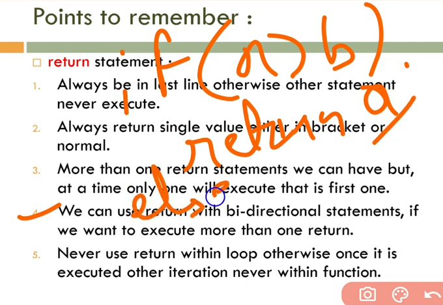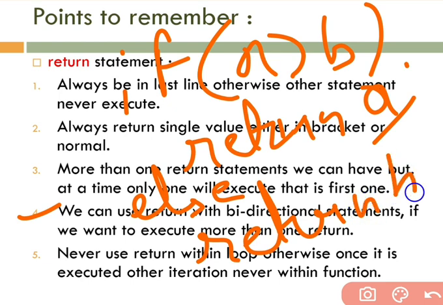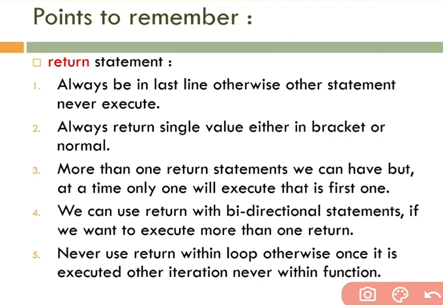See, we can write it in this way also. It means only one of them executes at a time, and never use it within loops. Otherwise, once executed, it never executes again.